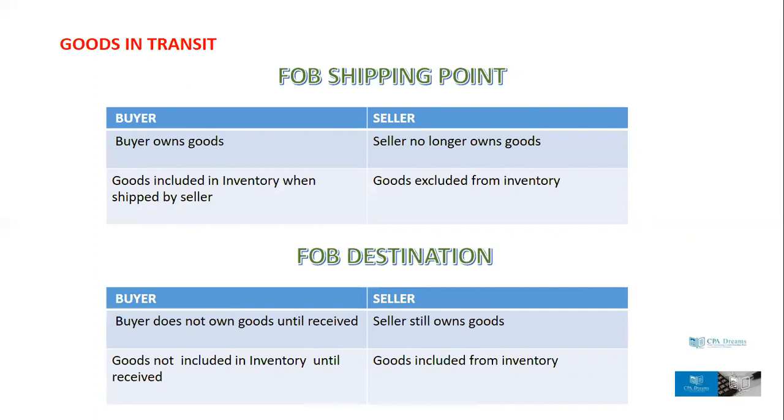Wala pa siyang responsibility during in transit. What about the seller? Of course, the seller holds the full responsibility. It is included in his inventory. Okay, so madali lang siya. So take a screenshot of this goods in transit, free on board types.